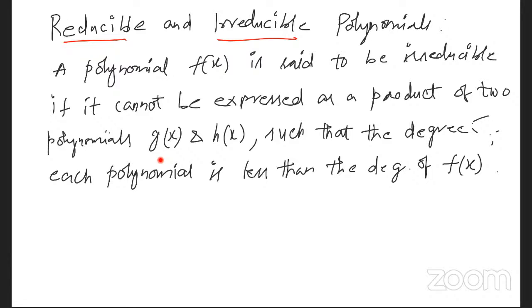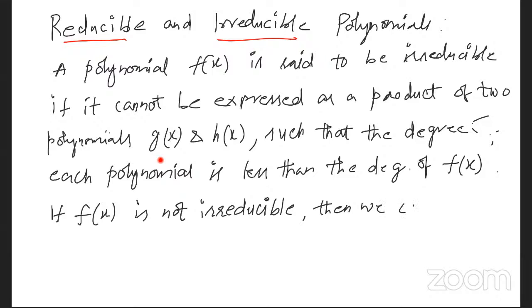Suppose f of x is not irreducible, then we can say f of x is reducible. We'll see some examples so that it will be easy for you to understand.